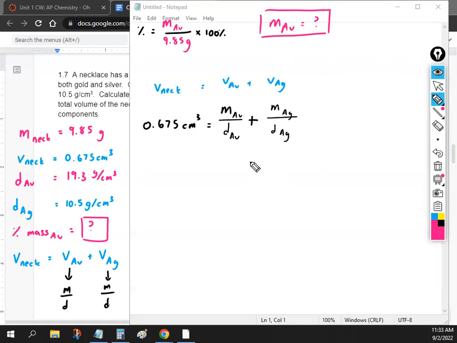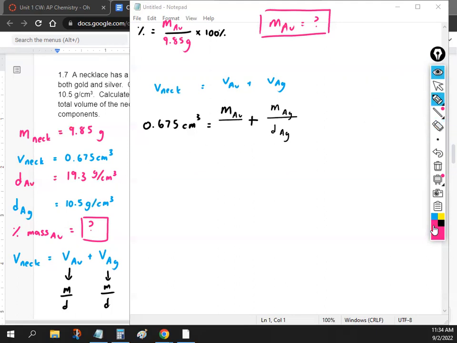Okay, so let's do our best to figure this out. So what we want to do now is we want to isolate the mass of gold. Okay, the problem is we got two fractions and they have two different denominators. Now, we already have these values right here. We have the density of gold. What's the density of gold? Yeah, 19.3.